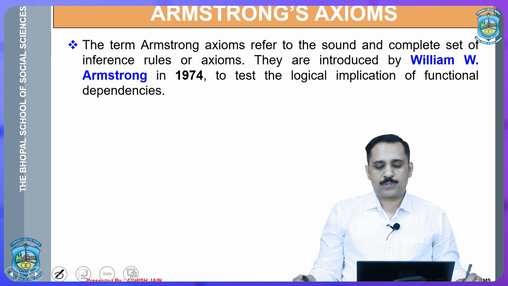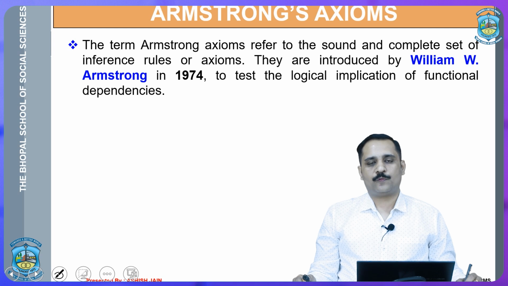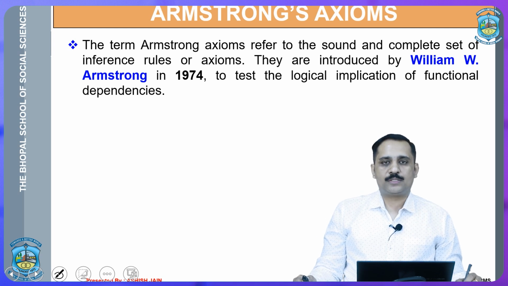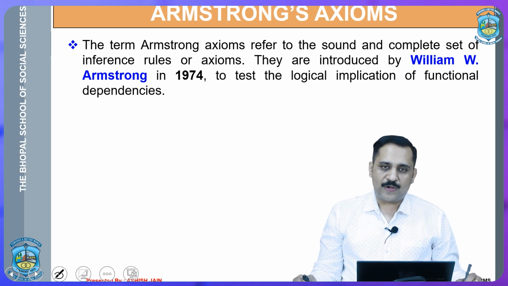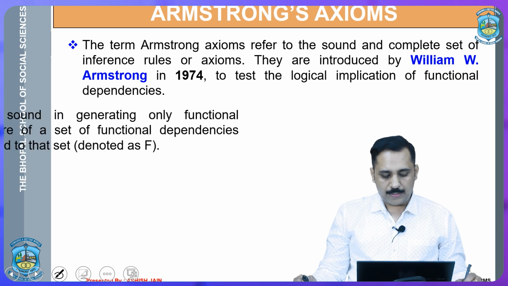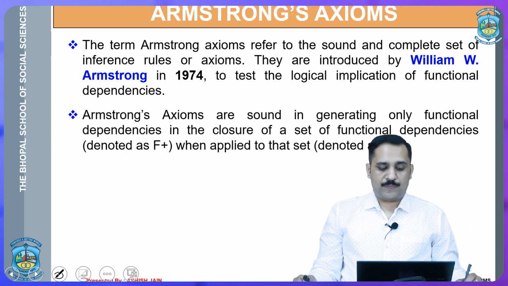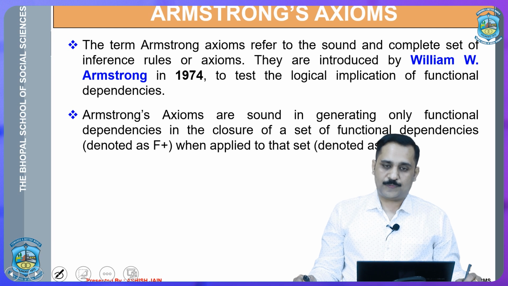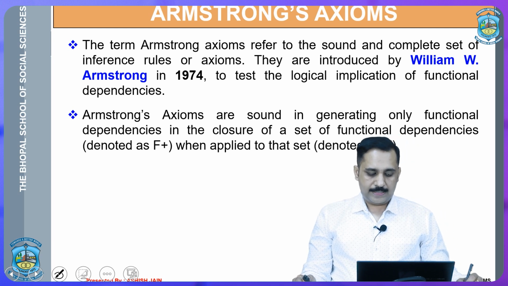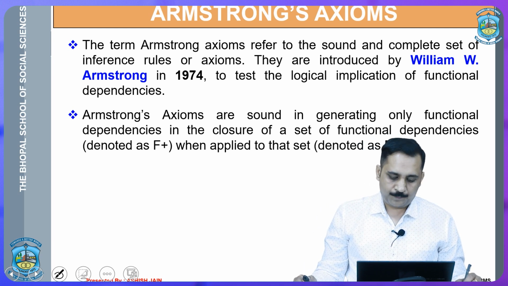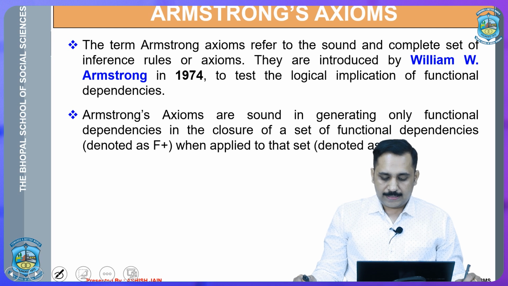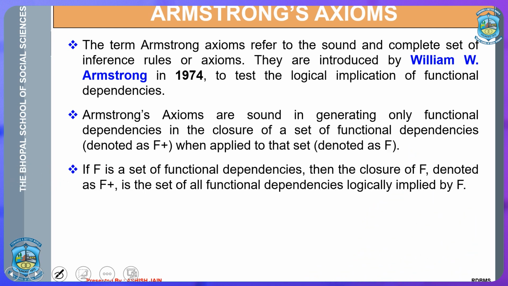These rules are used to test the logical implications of functional dependencies, and on the basis of this we can reduce complex functional dependencies into simpler terms. These axioms are sound in generating the functional dependencies in the closure of a set of functional dependencies, which is denoted as F plus. When applied to that set, it is denoted as F only.